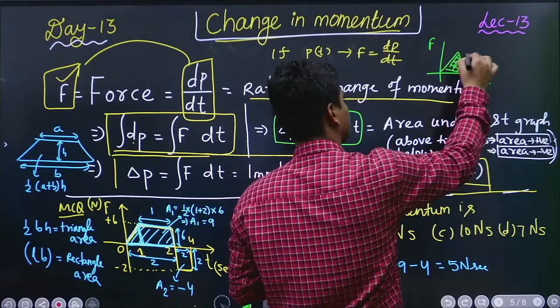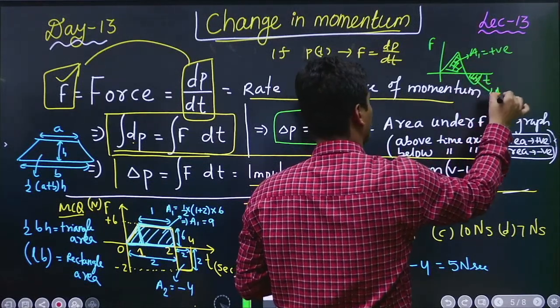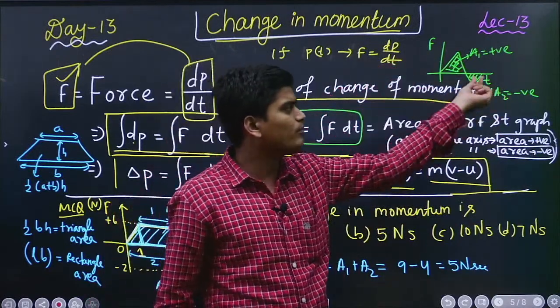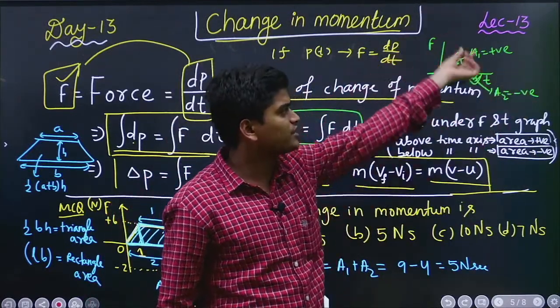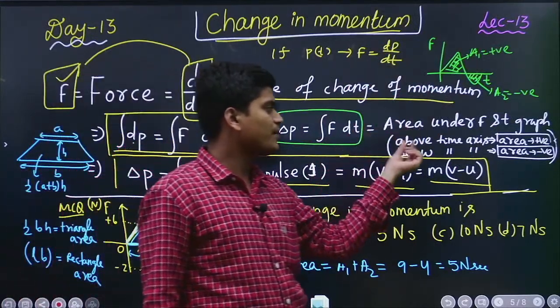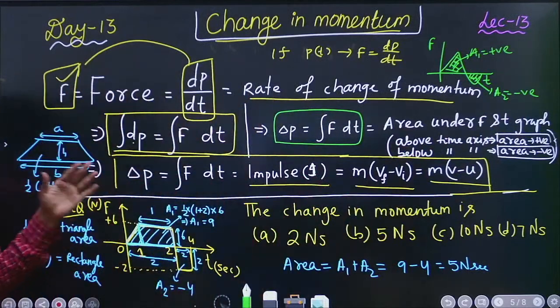A1 will be a positive area, and A2 will be a negative area. Below the time axis, whatever area comes will be negative; above the time axis, it will be positive. So area under the F-t graph above the time axis is positive, below the time axis is negative. That one also remember.